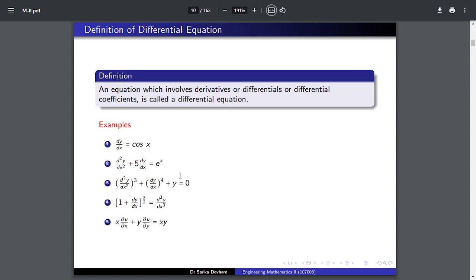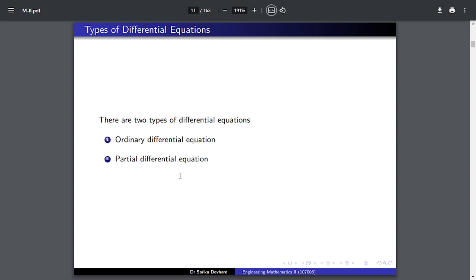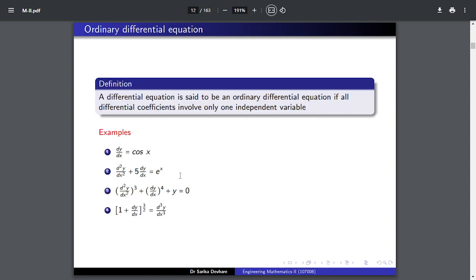Now again, there are two types of differential equations: ordinary differential equation and partial differential equation, depending upon the number of independent variables. The first one is the ordinary differential equation.